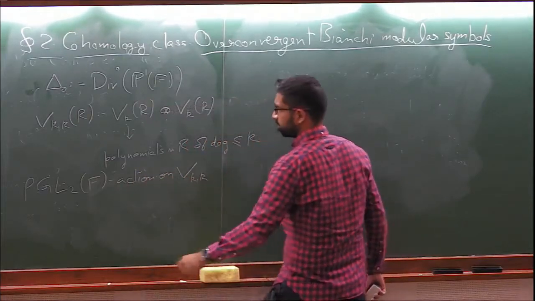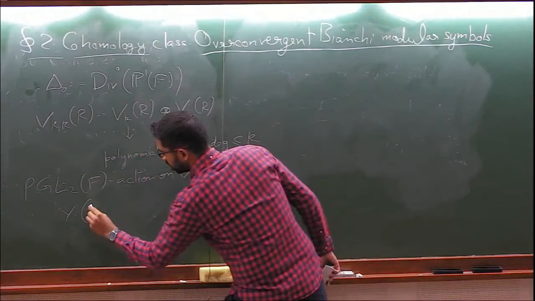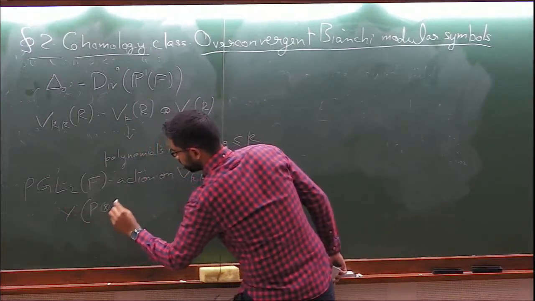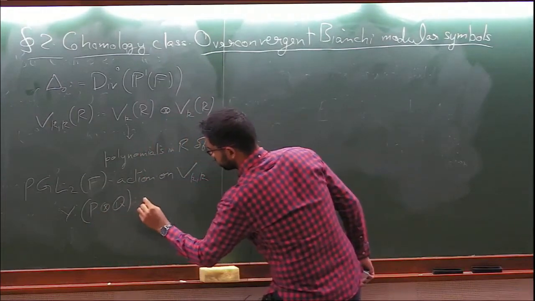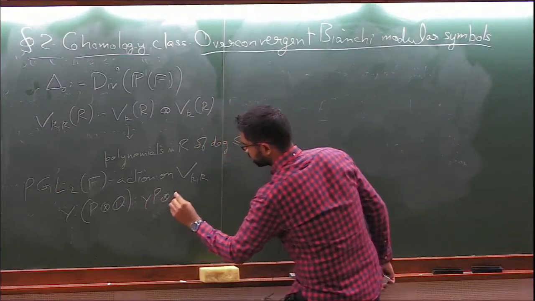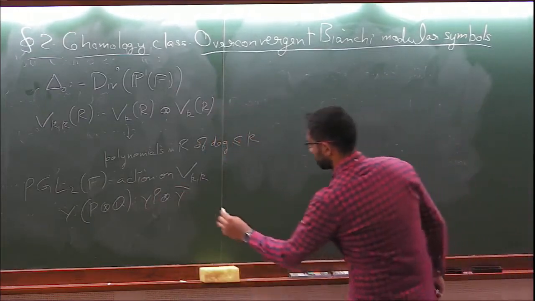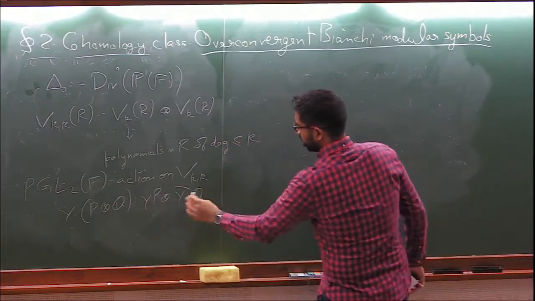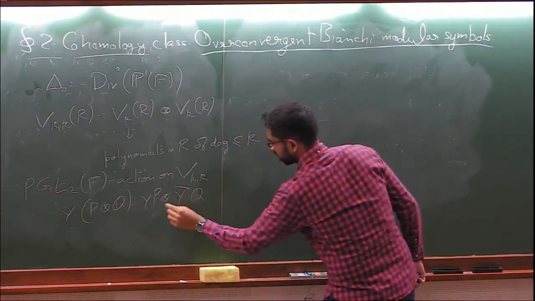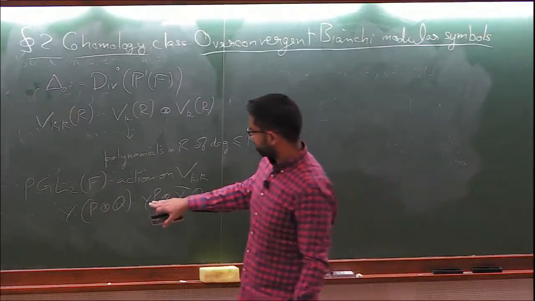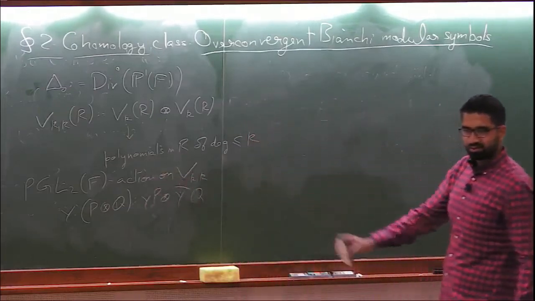On V_{k,k}, let's say gamma is some element here. I can define this action as follows: gamma P, tensor, and the second component acts by complex conjugation on F. I won't describe this action, but everybody knows what this will look like.